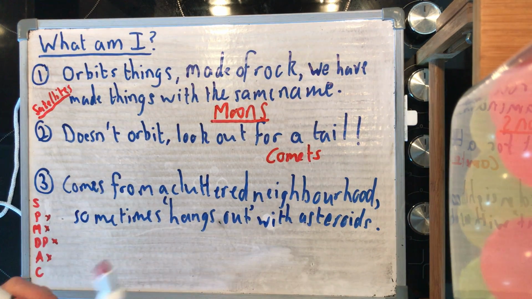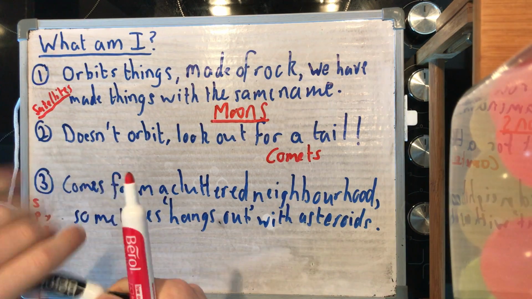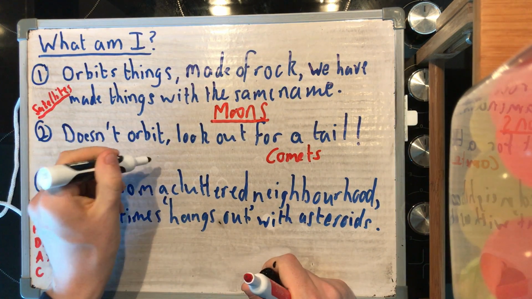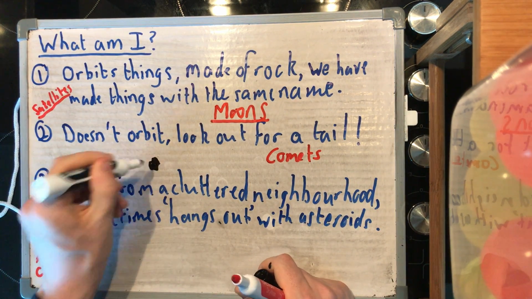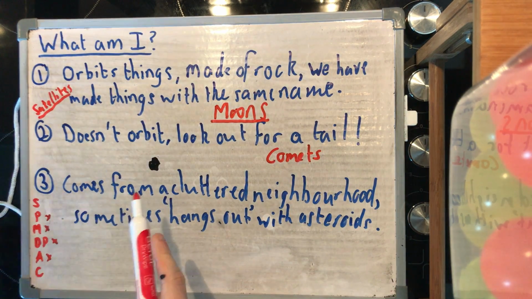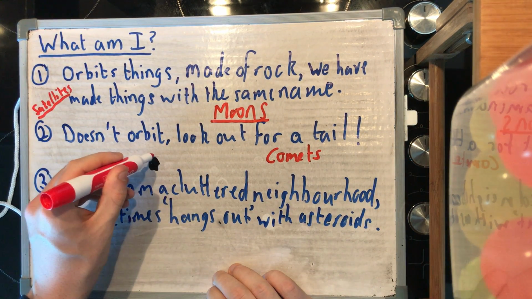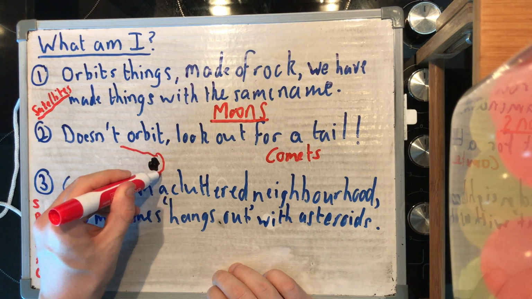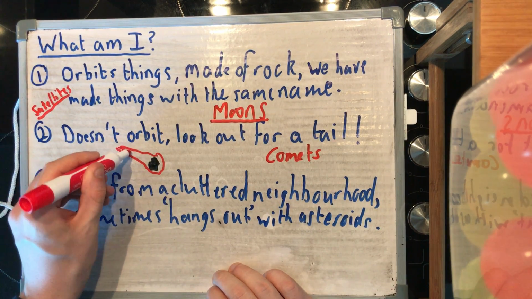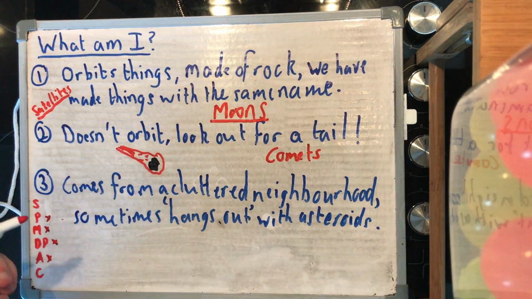Because if you remember, a comet would look, this pen lid is very stiff. So your lump of rock is your comet. And then you've got the fact that it's often got a little tail out the back behind it, wherever it's going. And it looks something like that as it moves across the sky.